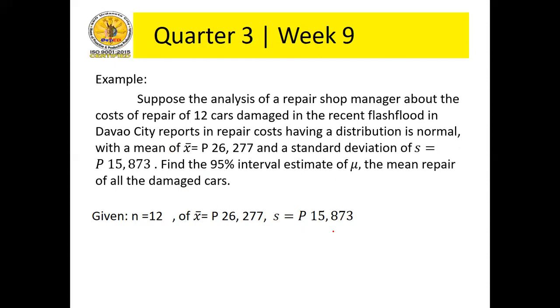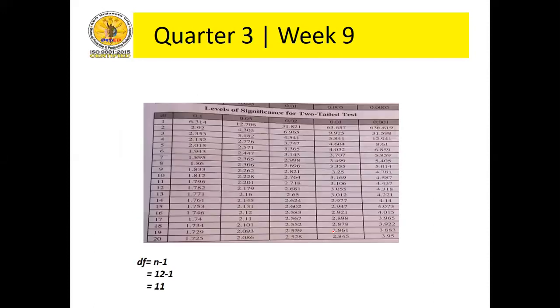Now, the first step is to locate the value of the degrees of freedom. Your n here is 12 minus 1, so we have 11. At the same time, we're going to use 95%. So locate the 11 from the table, at the interval between 11 and 0.05.